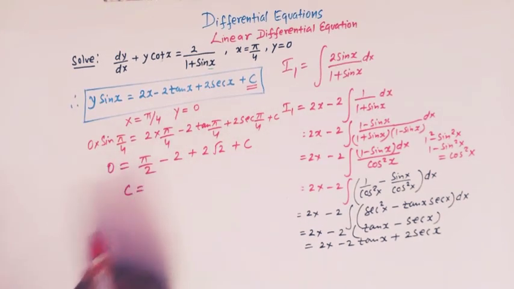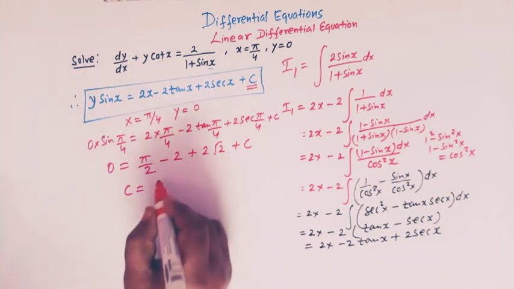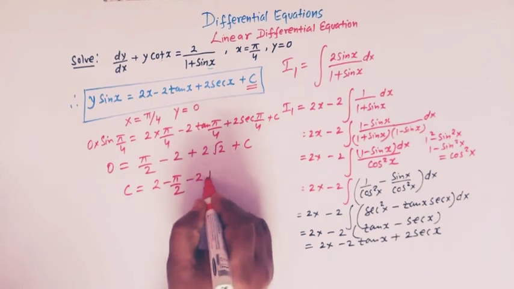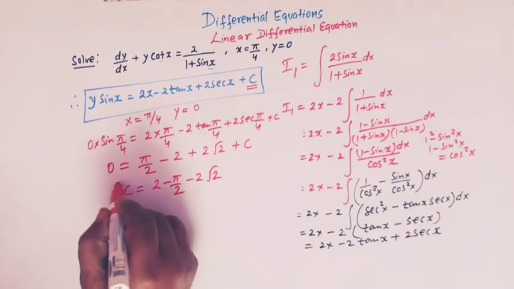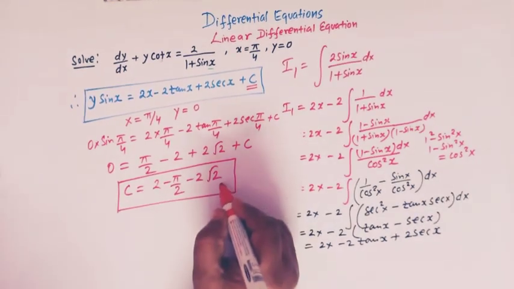And now c can be written by taking all these quantities to the left hand side. We have 2 minus pi over 2 minus 2 root 2, right? So the constant of integration is now given by this value, right?